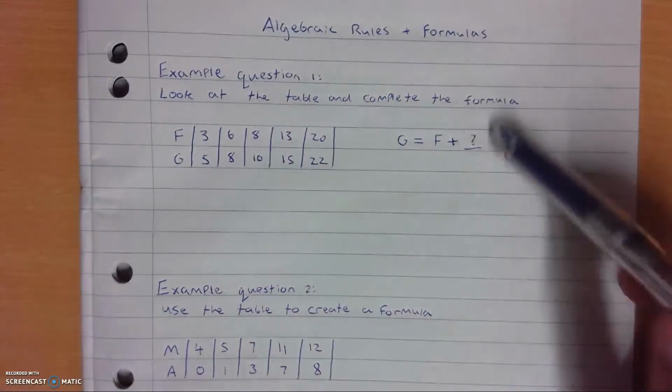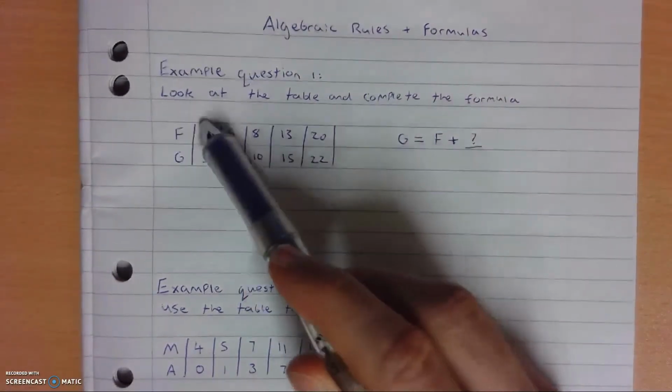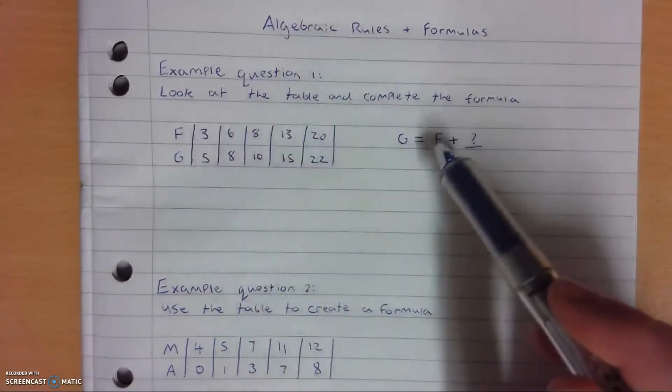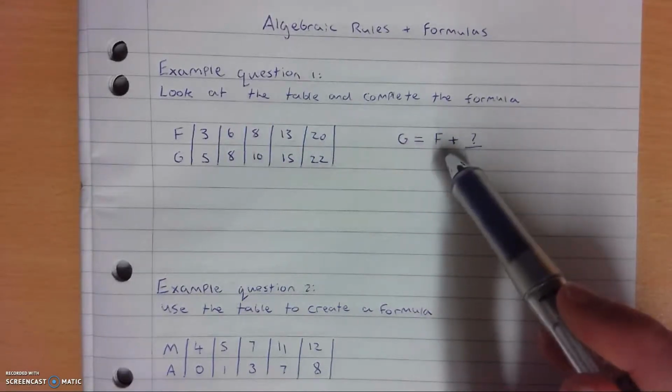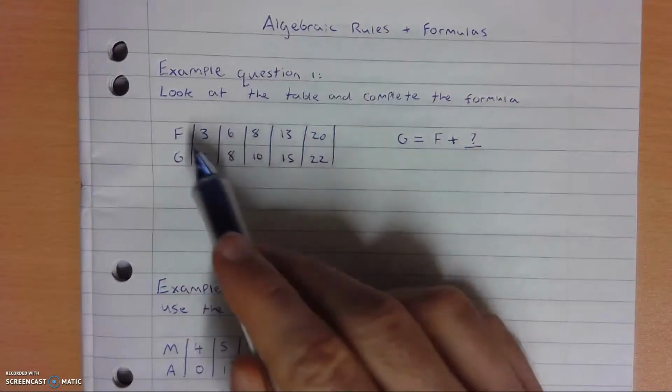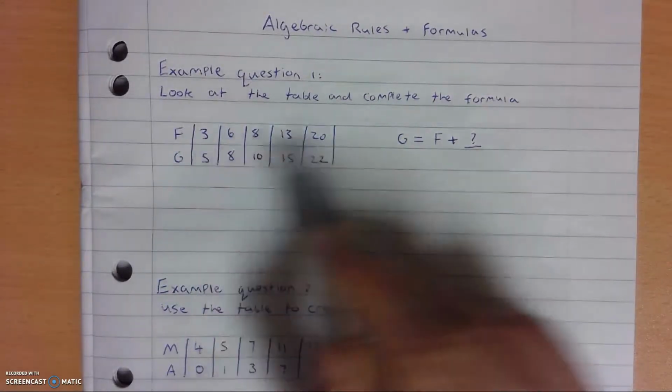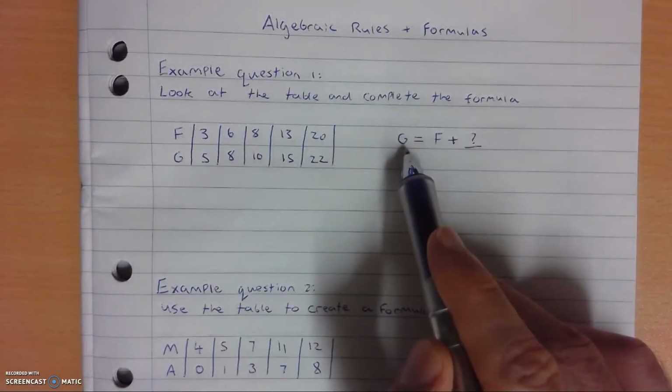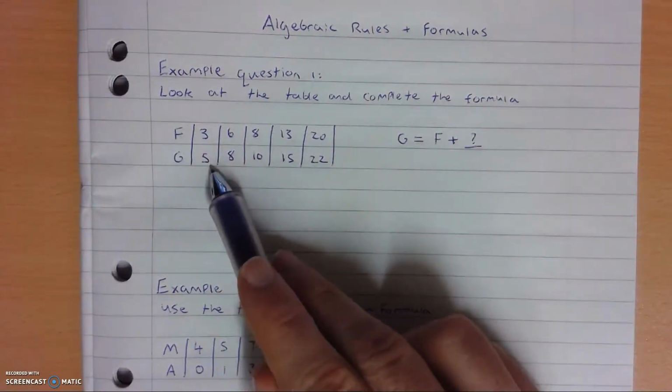So how I find out this value is I take these two values, substitute them into this formula, and then I can work out what that will be. The first one I'm going to do is just 3 and 5. So start off with my G value, which in the first situation is 5.